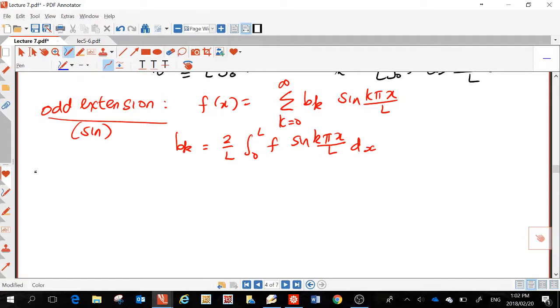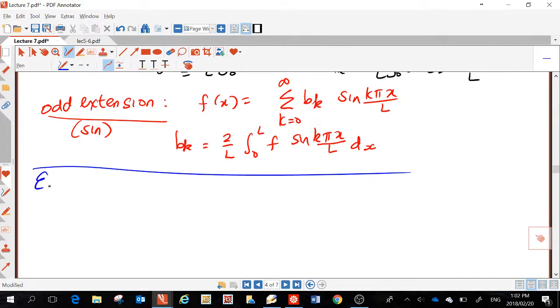Finally, I just make some comments on example 15. I'm not going to deal with the entire example. As you said, you can read it yourself. I'll just highlight some aspects of it. The function has f of x equals x for 0 to 10.